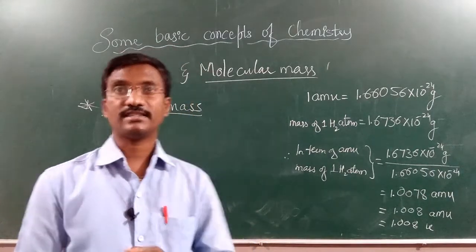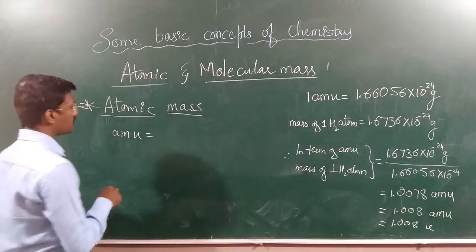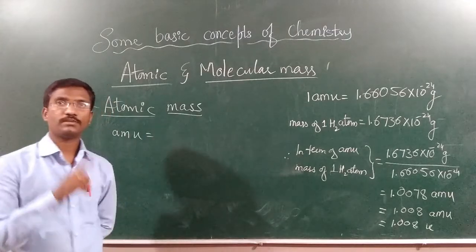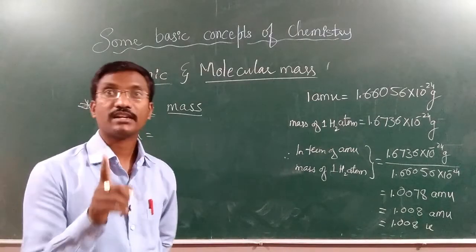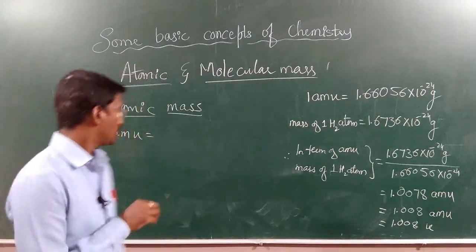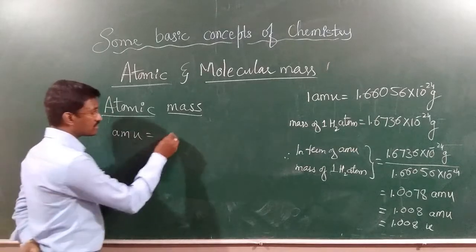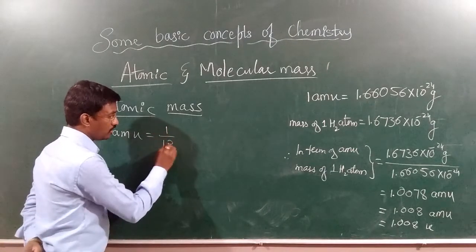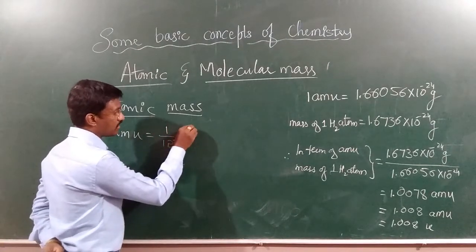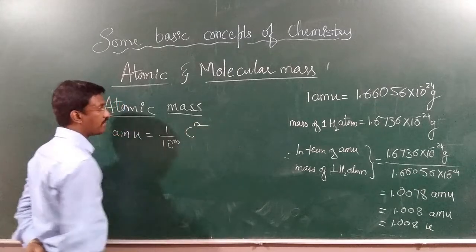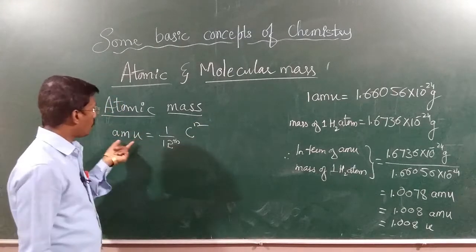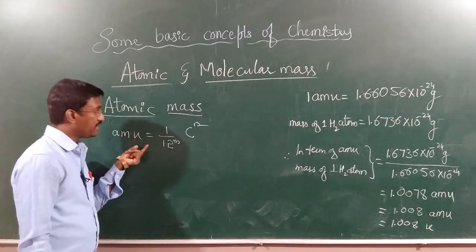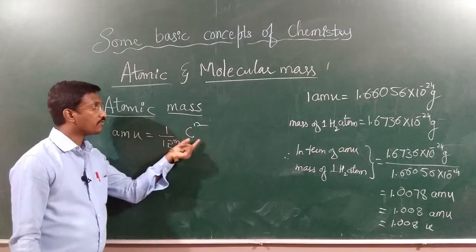Carbon is considered as the standard atom. Carbon has some isotopes. Isotopes have the same atomic number but a different mass. So atomic mass unit is 1/12 the mass of carbon-12. What is atomic mass unit? It is 1/12 the mass of carbon-12.